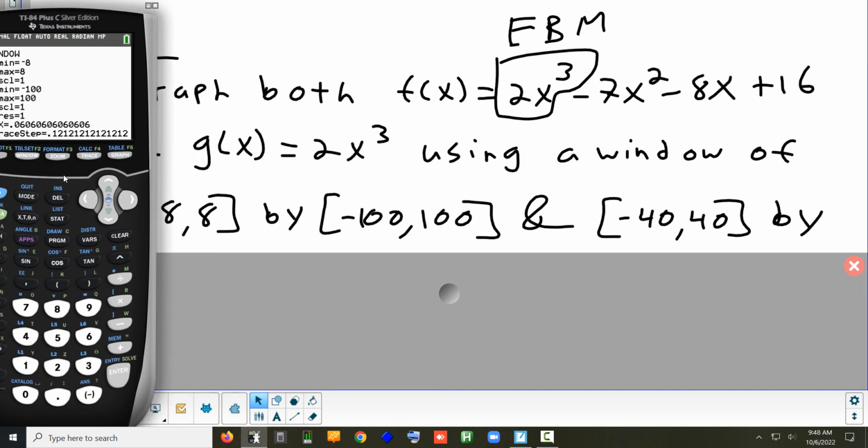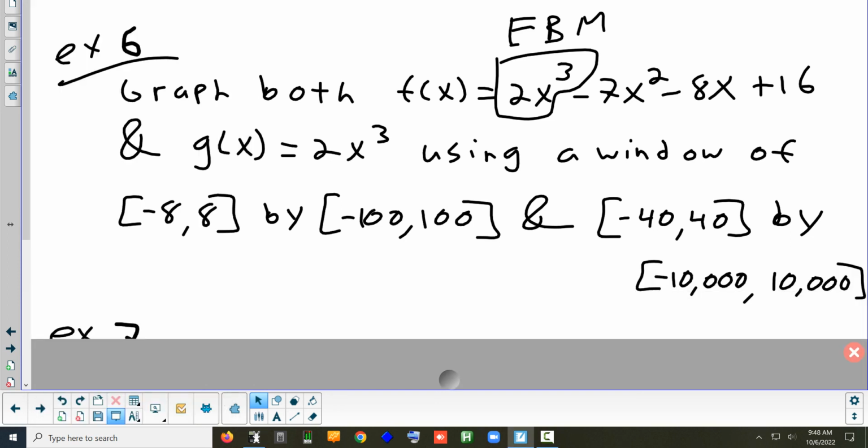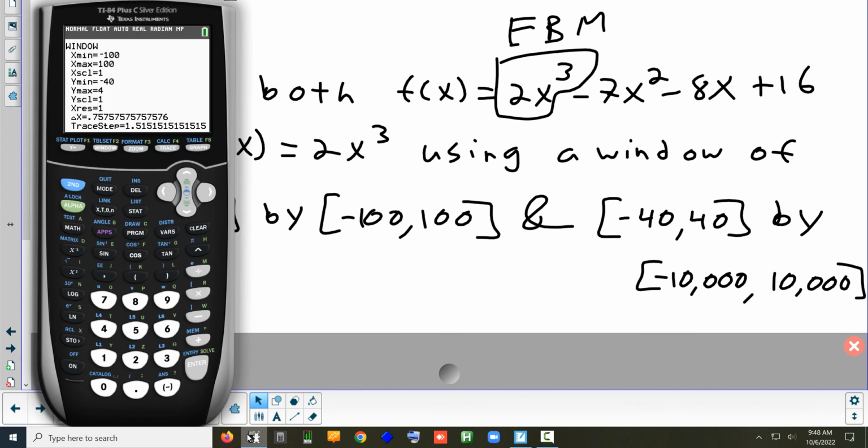So let's keep the same graph, but now let's zoom out. -100 to 100 and -40 to 40. Wait a minute, no. -40 to 40 and -10,000 to 10,000.